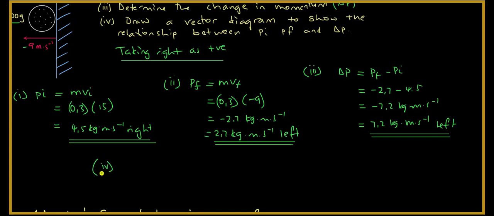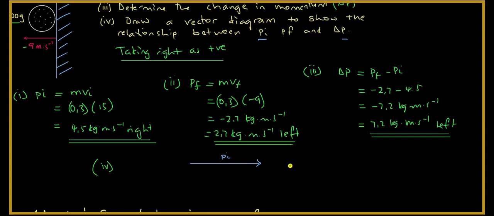Okay, now we said you need to first of all draw the vector for the initial momentum. So the vector for the initial momentum is pointing to the right. So I'll draw a vector, an arrow which is pointing to the right. So that's my initial momentum. Okay, so it's not drawn to scale, it's just a sketch. Then I now need to draw the vector for the change in momentum.